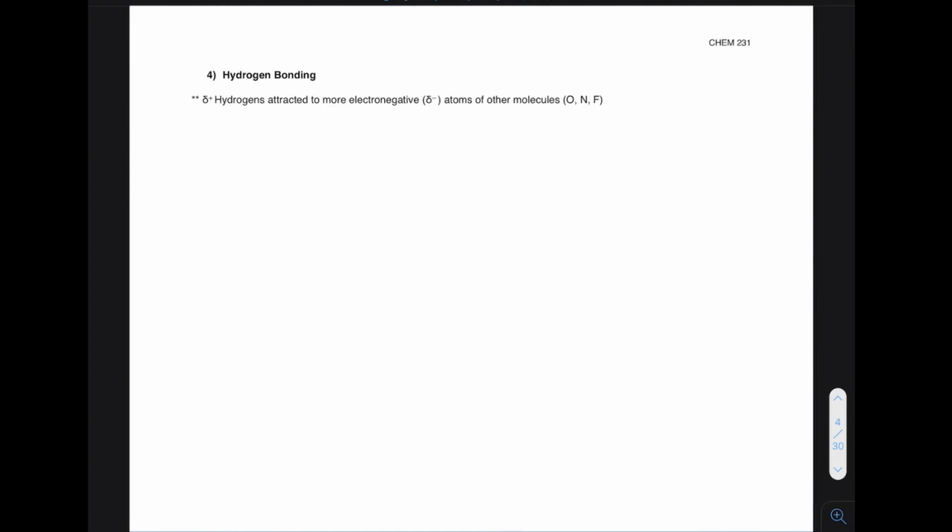This is when you have a partially positive hydrogen, from a dipole moment, attracted to more electronegative atoms of other molecules. So to give you an example that isn't just water, let's look at ammonium chloride. Looking at ammonium chloride here, we have the dipole moment overall pointing towards the nitrogen.